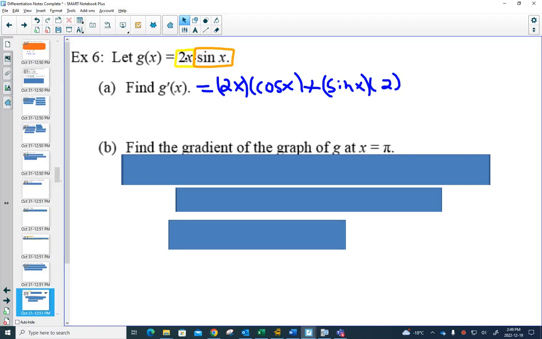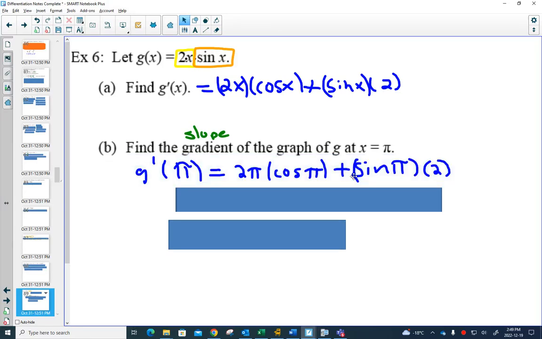So if you wanted to find the gradient, and the IB likes to use gradient as a fancy word for slope, at x equals pi, all you would have to do is find your derivative at pi. And what does this mean as far as what you need to know from last year?